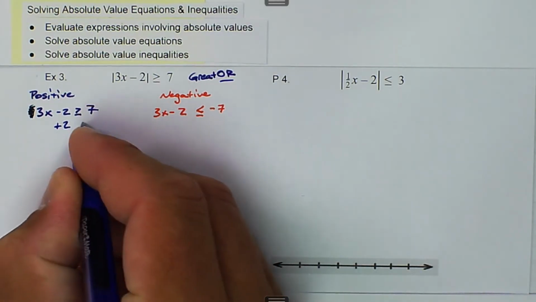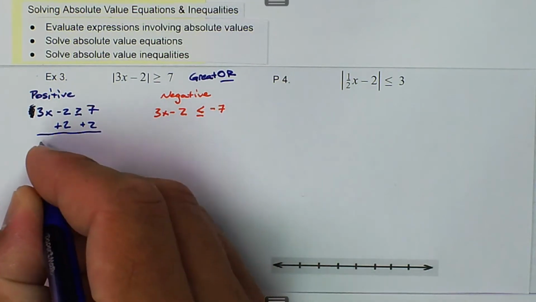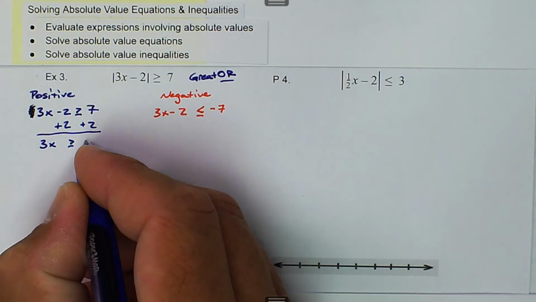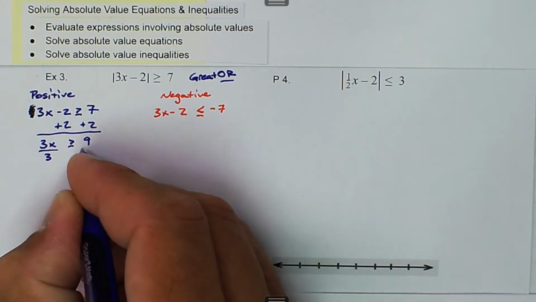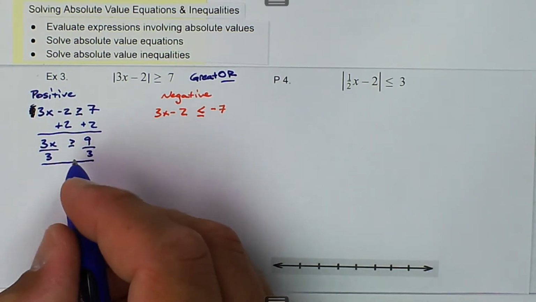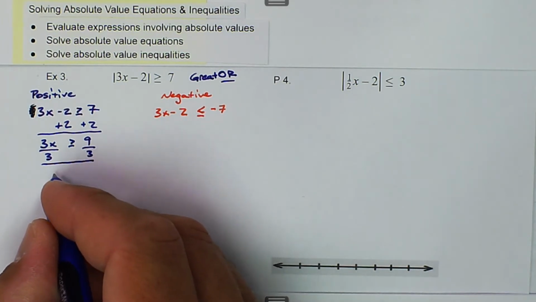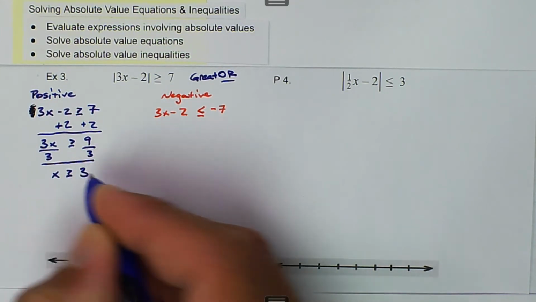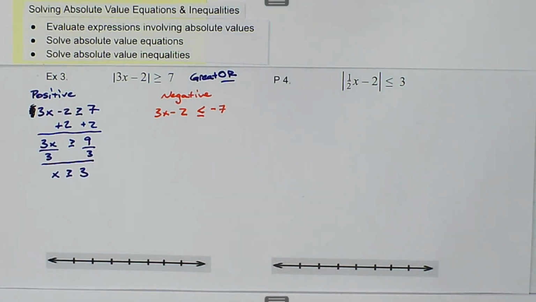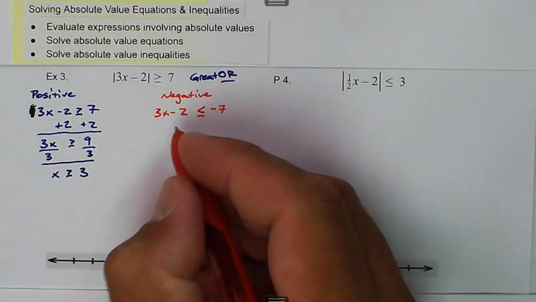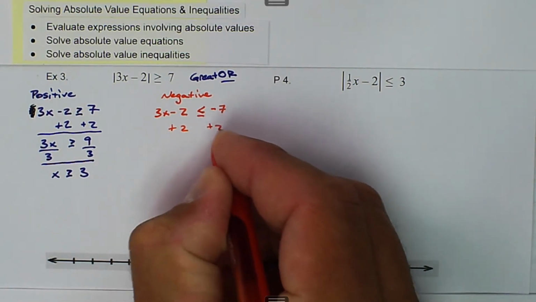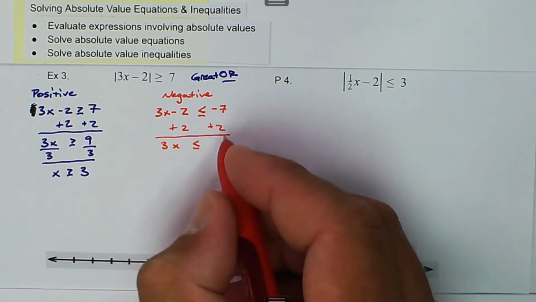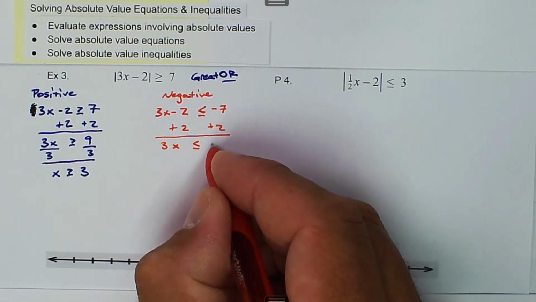Add 2 to both sides, and we get 3x is greater than or equal to 9. Divide by 3, and then we get x is greater than or equal to 3. The next one, same thing. Add 2, and then we get 3x is less than or equal to negative 5.